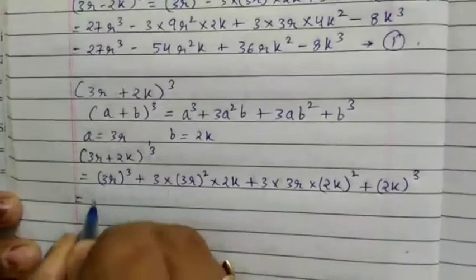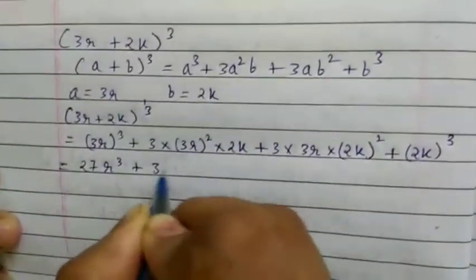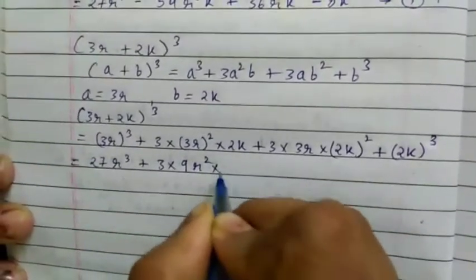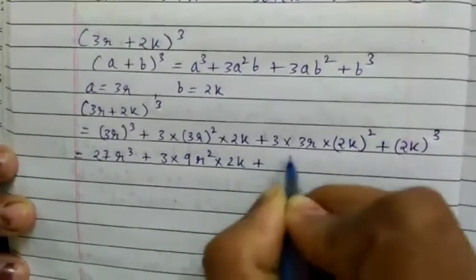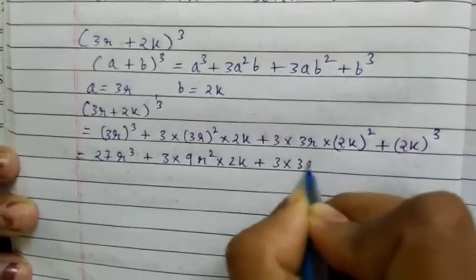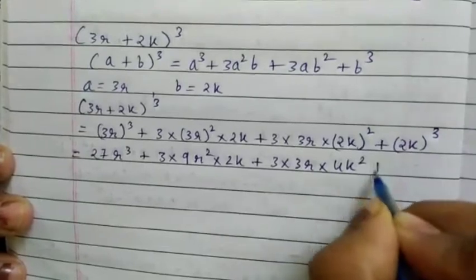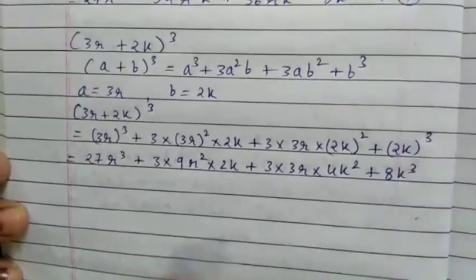Now 3 square is 27 r cube, plus 3 into 3 square is 9, r square into 2k, plus 3 into 3r into 4k square plus 8k cube.